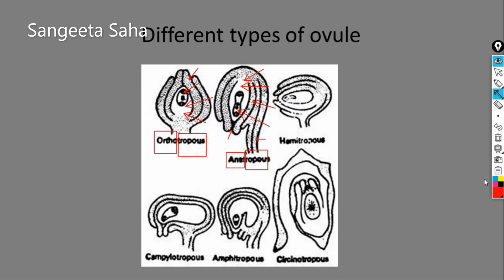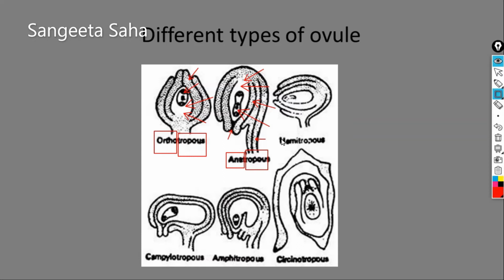In the anatropous ovule, the body of the ovule turns backward by an angle of 180 degrees, and so the micropyle becomes very close to the hilum and the placenta, and this is found in the Sympetalae.